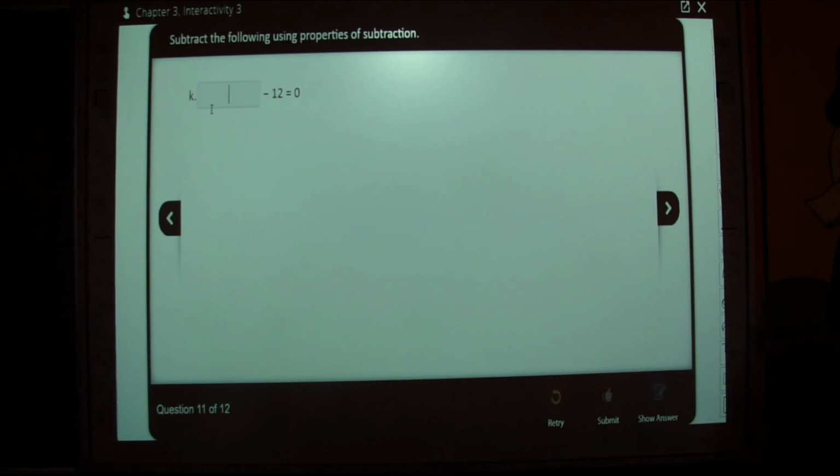This is the itself property. 12 minus 12 is equal to 0. Blank minus 64 is equal to 0. 64 minus 64 is equal to 0. It is itself.